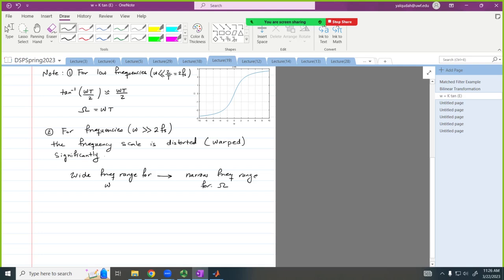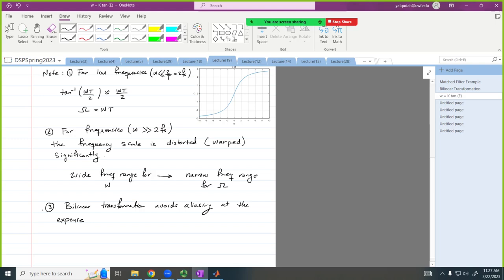So based on this, I'm going to make another observation, which is that the bilinear transformation avoids aliasing at the expense of what? Distortion. At the expense of distortion.